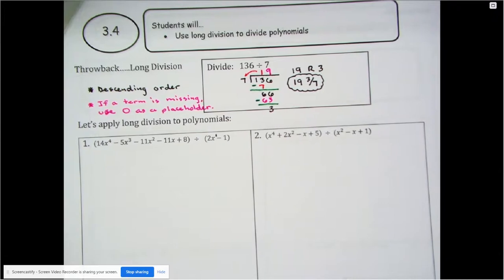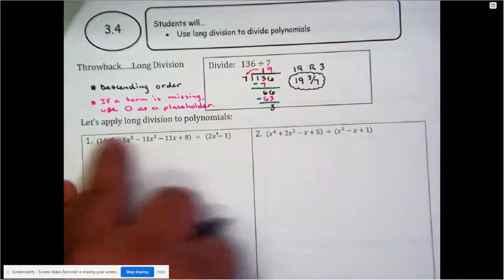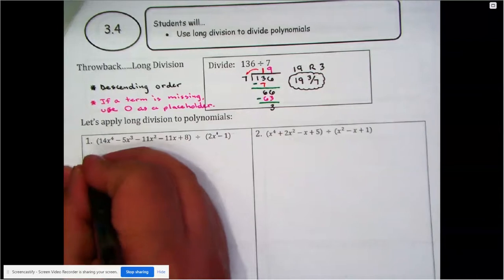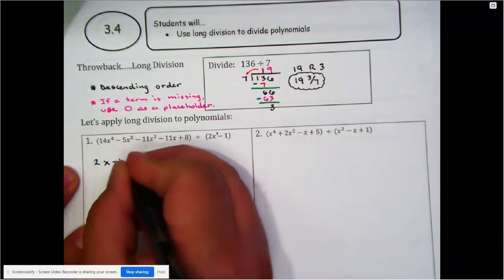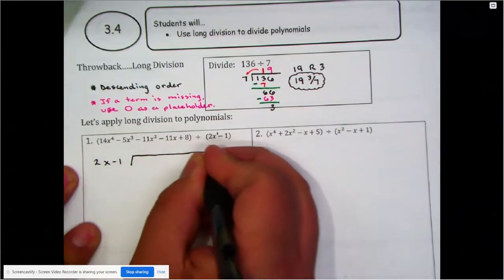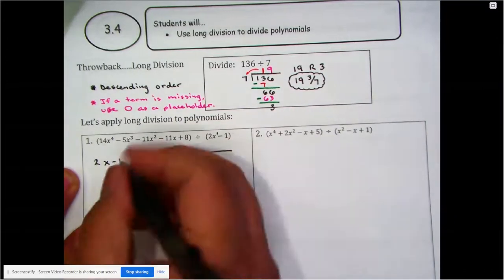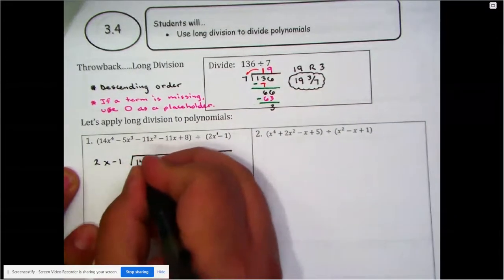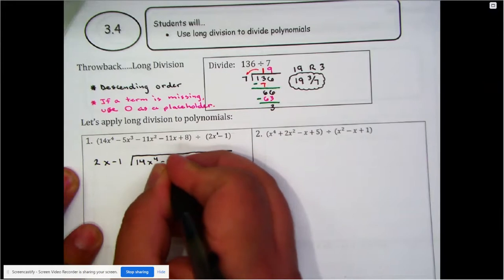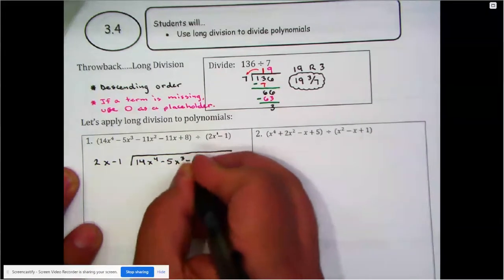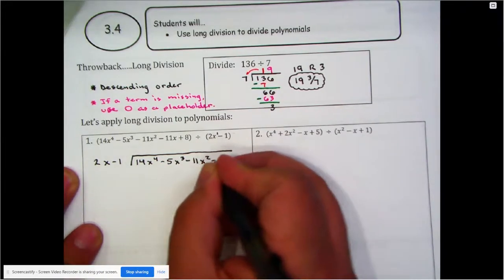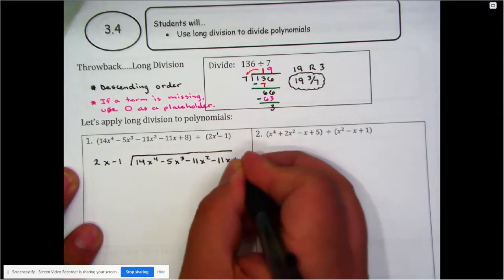Okay, so we're going to go with old school long division. So I'm going to write my 2x minus 1 out here. And then here comes that little casita or division symbol. And we go 14x to the 4 minus 5x to the 3rd minus 11x squared minus 11x plus the 8.